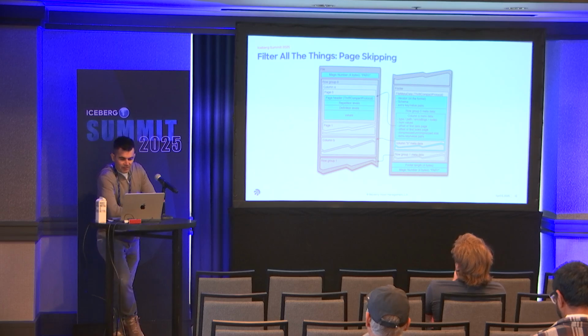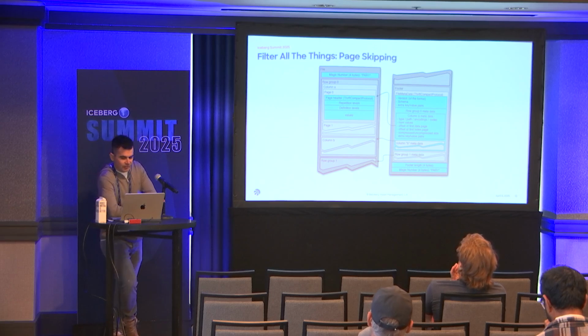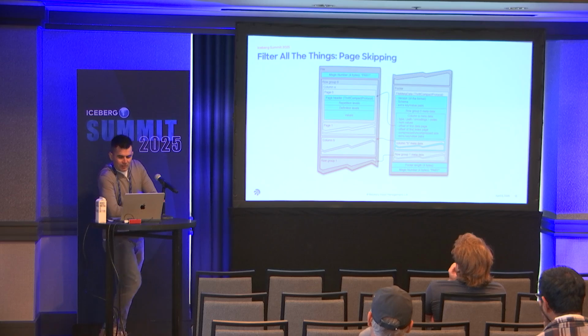So with those in place, I excitedly set up some test queries to see quite how much of a difference page skipping and row group skipping was going to make, and see if I was any closer to my performance requirements. And surprisingly, a lot of the queries actually got slower.